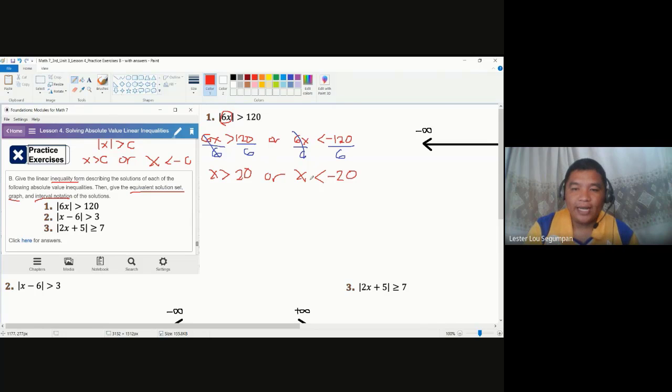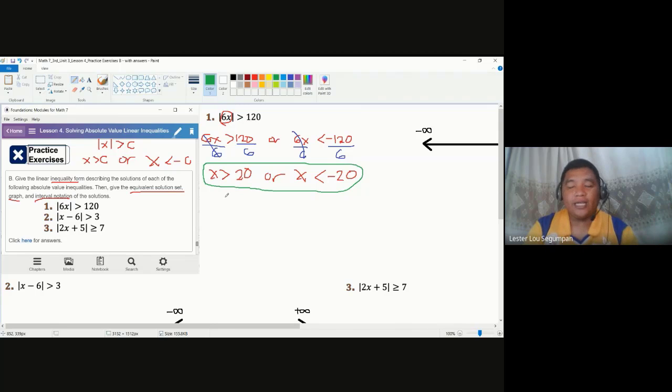We could also use negative 21. 6 times negative 21 is negative 126. The absolute value of negative 126 is positive 126, which is still greater than 120. This would mean that this linear inequality form, the two of them combined by the conjunction or, is the correct form. And then after that, we could come up with our solution set, graph, and interval notation.